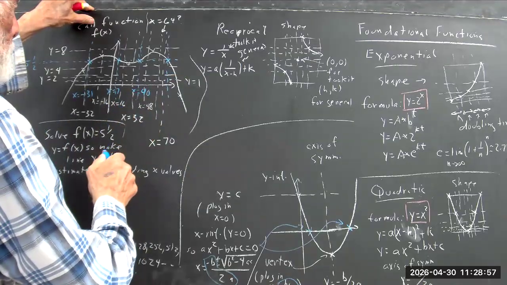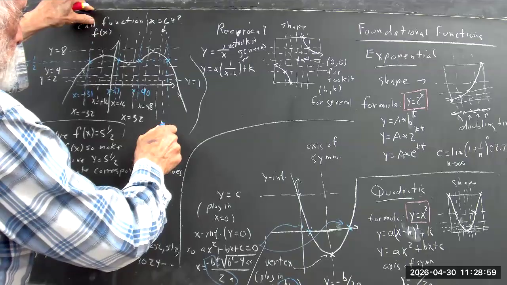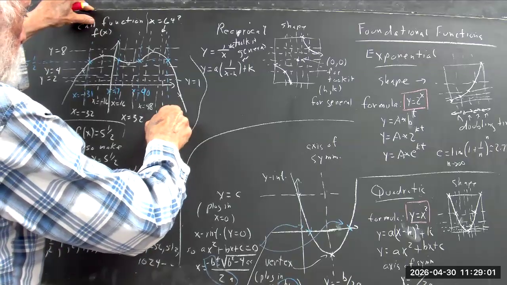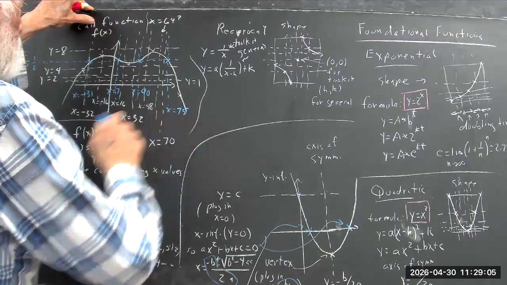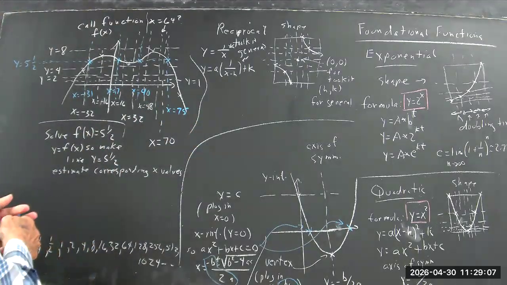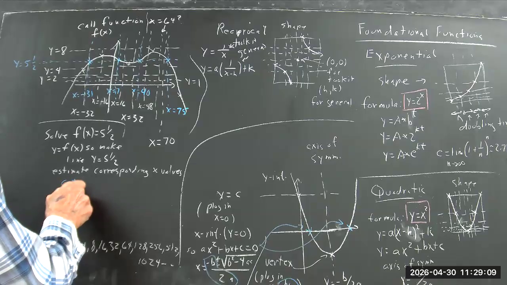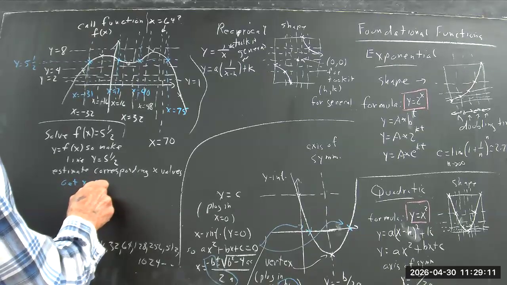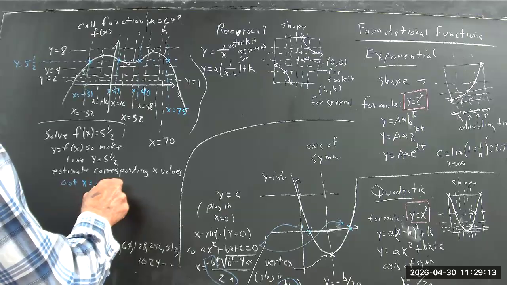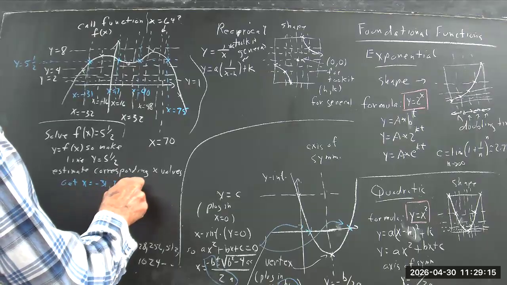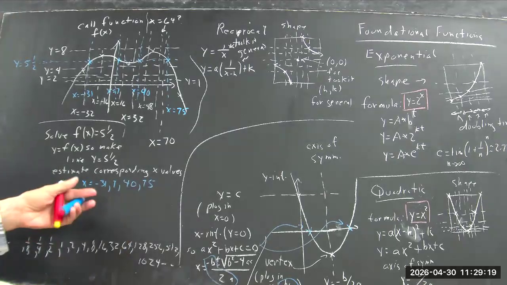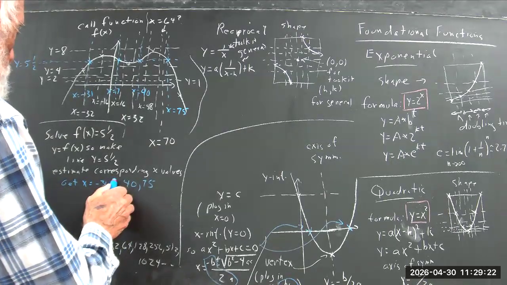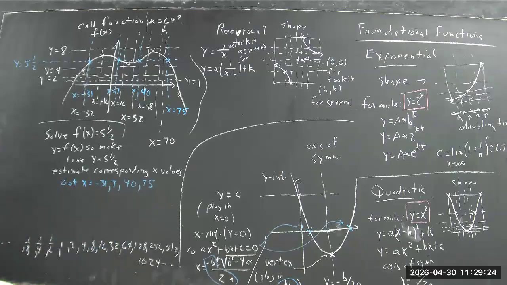And over here, if x is 70 here and 64 here, it looks like maybe 75. So I got negative 31, 7, 40, 75.